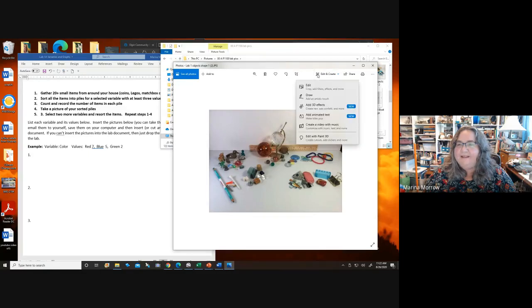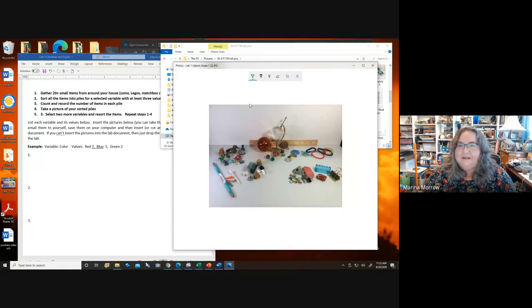Edit. When you go edit, then that allows you to draw. Okay. So anyway, you can say, okay, here are all the spheres. Okay, got those. Really bad handwriting here.